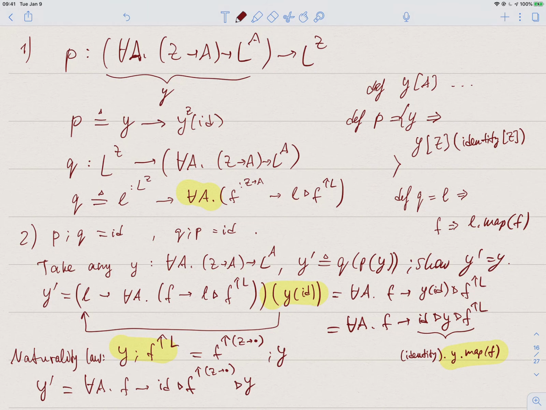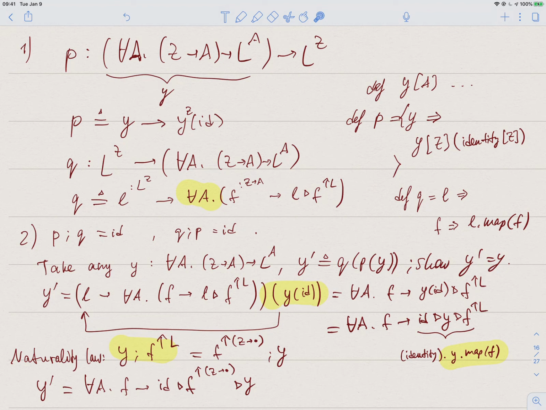So let's compute what that is. So this functor takes, I'm talking about this functor, it's a function, so lifting to this functor is function composition with the function we're using.